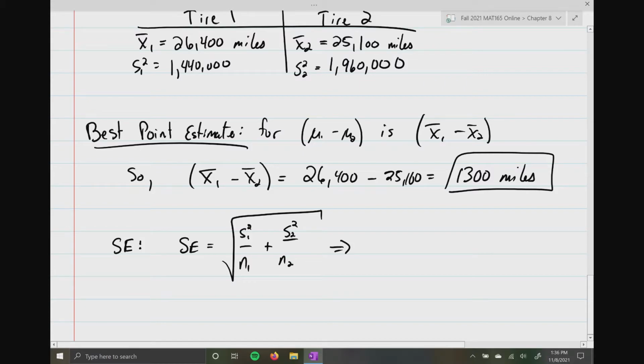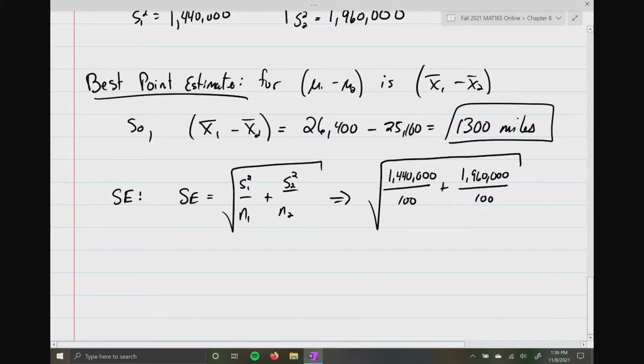So that's going to be the square root of 1,440,000 over 100 plus 1,960,000 over 100 as well. And if you do the math, the standard error will be 184.4 miles. Okay?